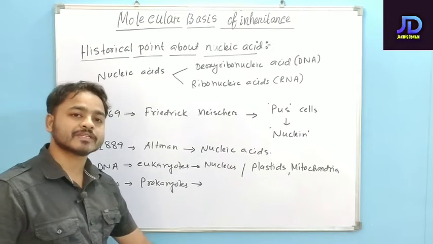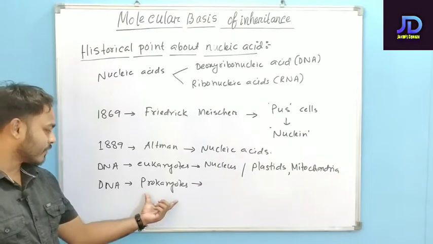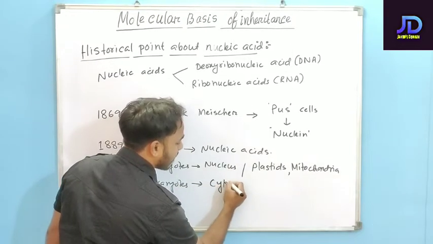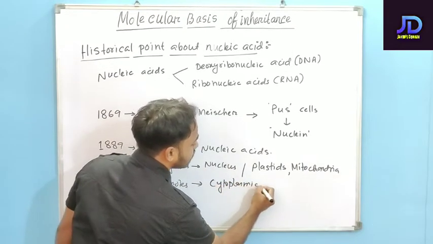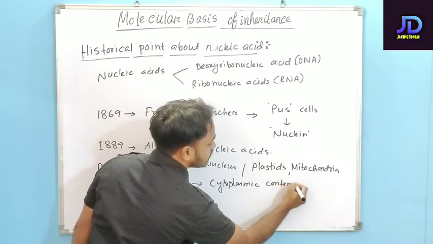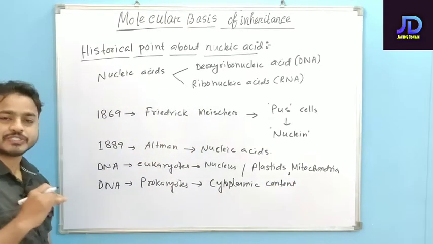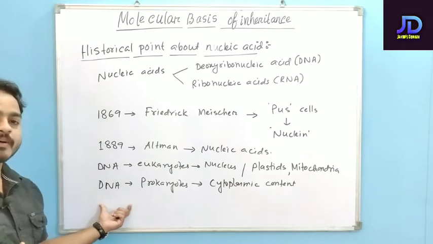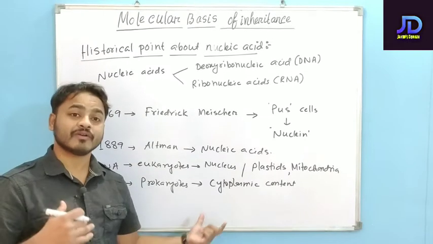In prokaryotes, DNA is found in the cytoplasmic content. Because in case of prokaryotes, there are no membrane bound organelles. That is why DNA is found in the cytoplasmic content, right?